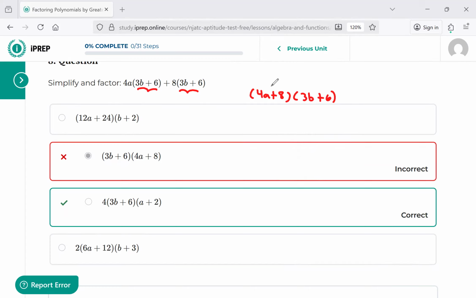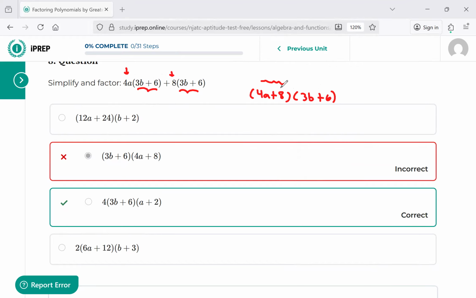Yeah, so they did it the way we did it. See how they have a repeat of 3b plus 6, 3b plus 6? So when you have a repeat, just write out that repeat once. Then bring down your leftover, which is 4a plus 8, the ones we didn't use.